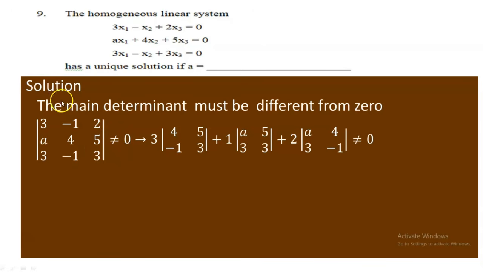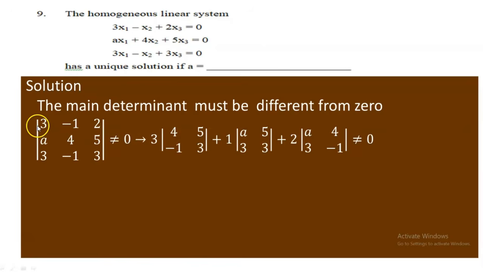So the main determinant must be different from 0 to have a unique solution. Because we are having 0, 0 here, as you are looking for x1, dx1 is going to be 0. So 0 divided by a certain number can be 0, except 0. That's why we are making the main determinant different from 0.